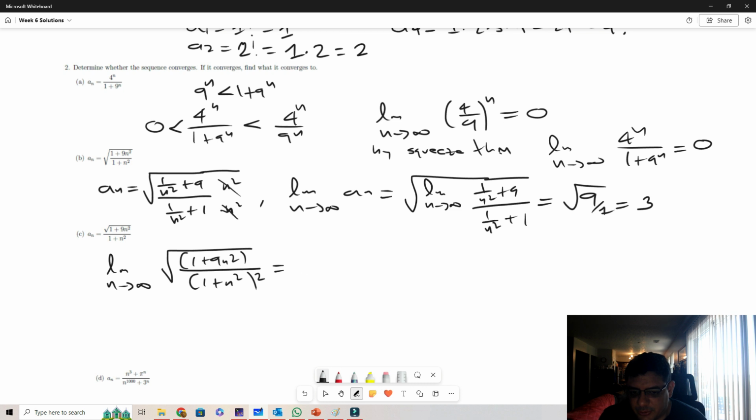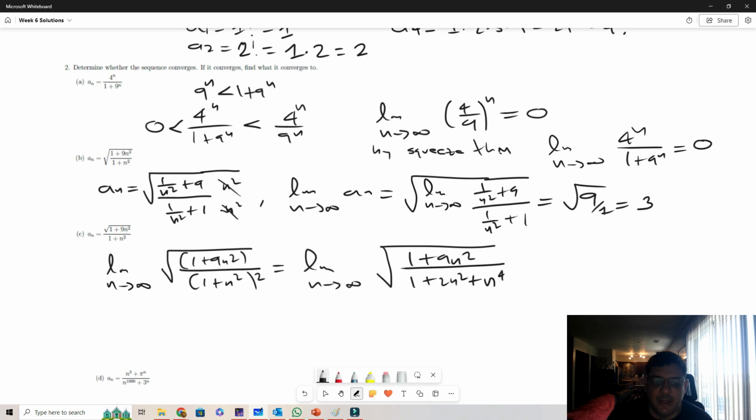Of course, I can transition that to the limit when n goes to infinity of 1 plus 9n squared over, and this bottom here is going to be 1 plus 2n squared plus n to the 4. Now, immediately, because the bottom is going to infinity much faster than the top, this is going to go to 0.